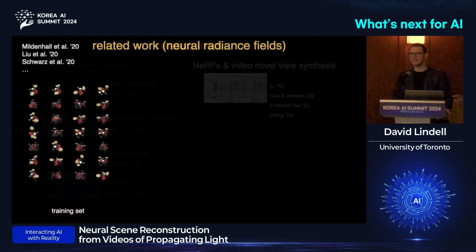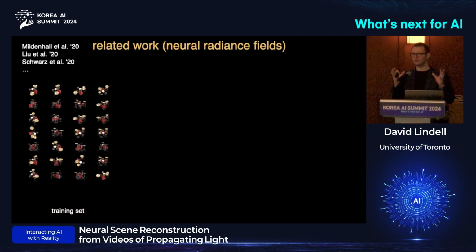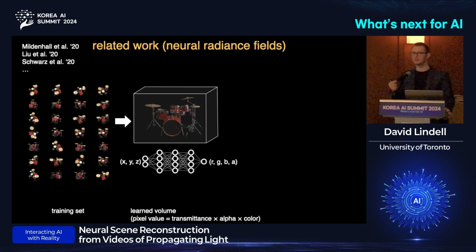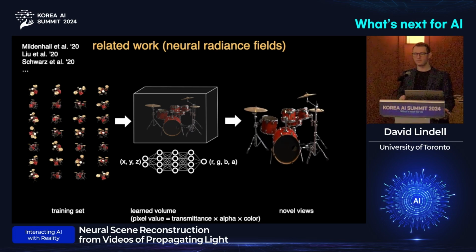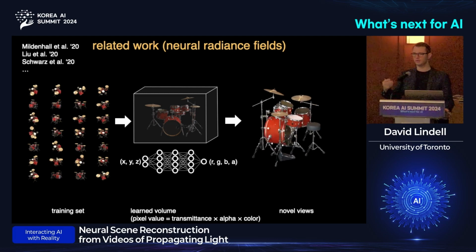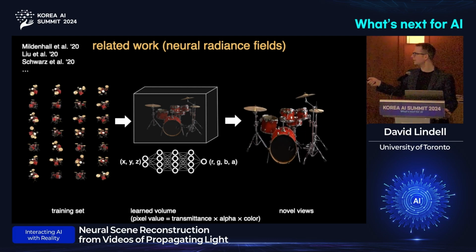Well, this is a technique that takes in images or videos captured from a diverse set of viewpoints, and then it reconstructs appearance and geometry of a 3D scene by using a neural network to parameterize the color, so RGB color values, and the opacity or the alpha value at every point in this scene.